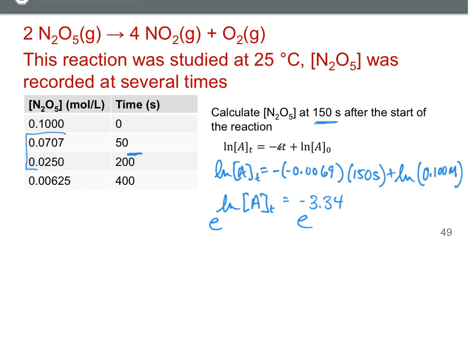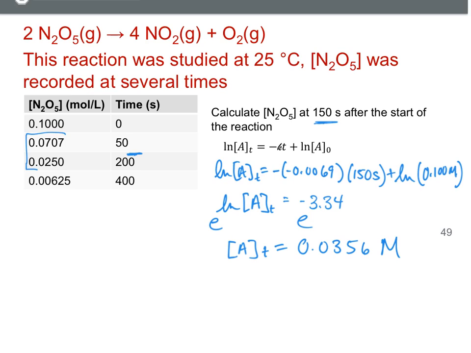And you should end up with the concentration of A at some time t is equal to 0.0356 moles per liter, which falls where we expected it to fall in our data table, so that's good.